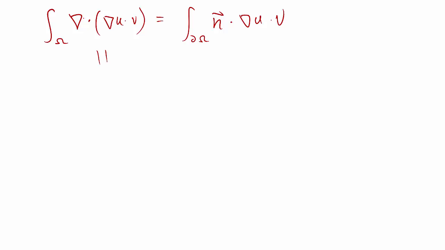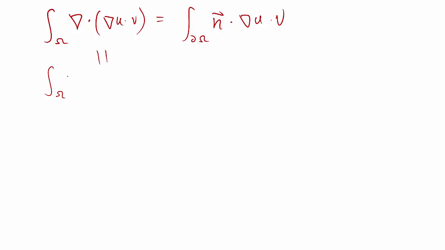Okay, what is the divergence of a vector times a scalar? Well, it's not obvious, but it's just the algebra of using the chain rule.